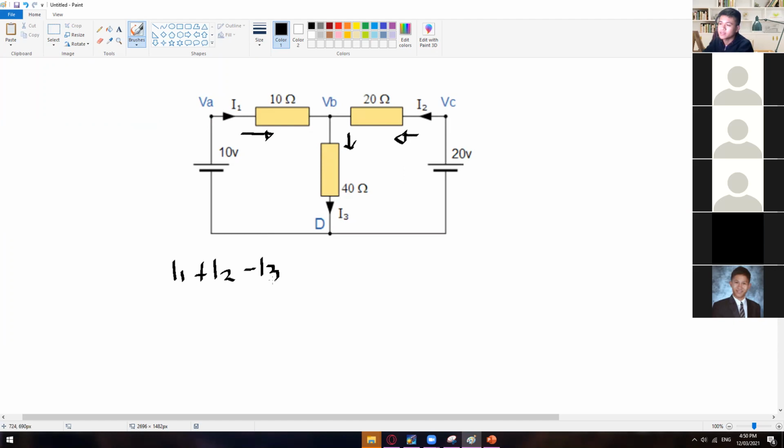The last one, I3, is negative, so I1 + I2 - I3 = 0. Right here, we can now apply Ohm's law.